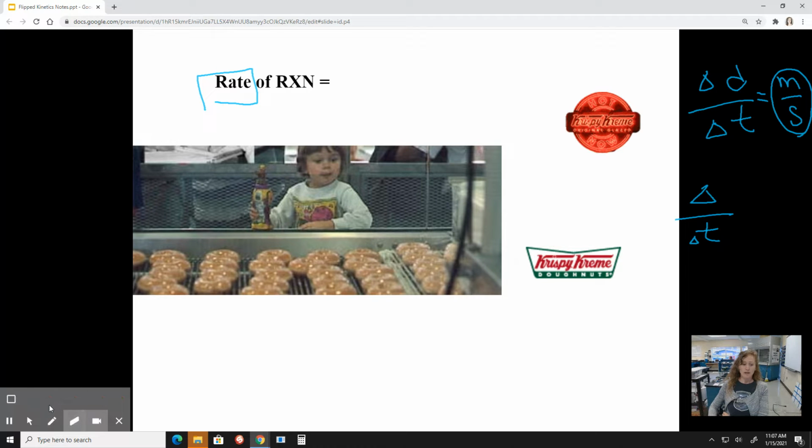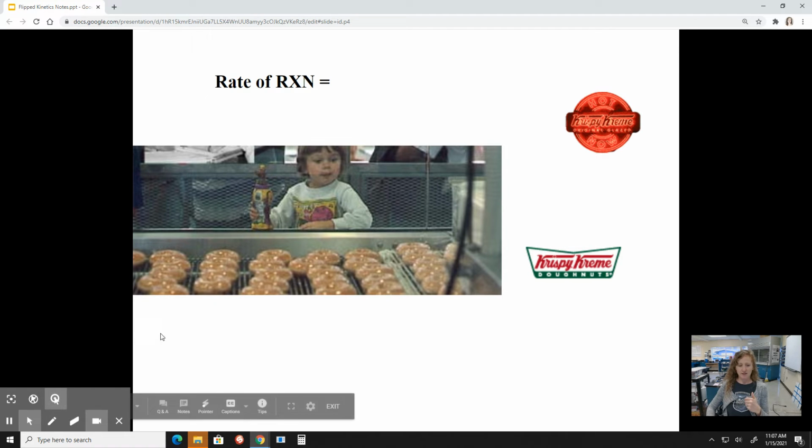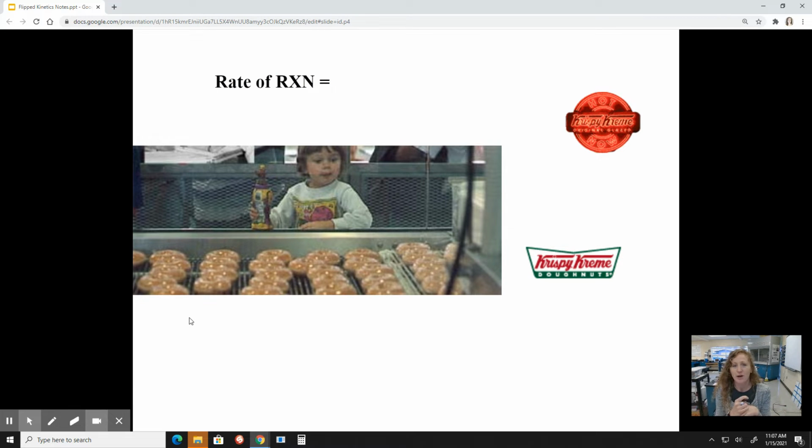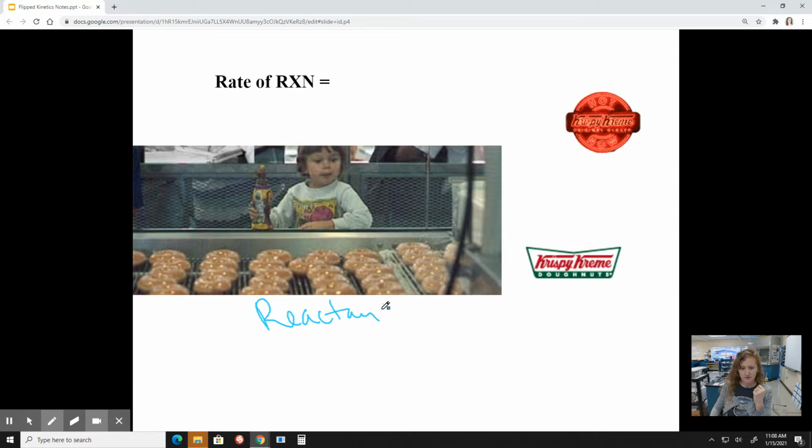So what does rate mean in chemistry? What are a couple different ways we can define rate and talk about rate in terms of a chemical reaction? Well, much like donuts, we can talk about a rate of production. So that would be looking at the products in a chemical reaction. Reactants go to products.